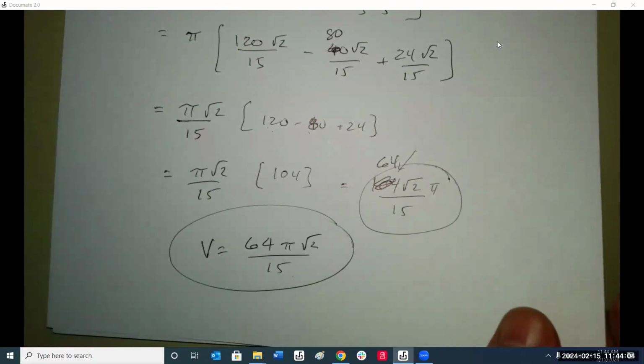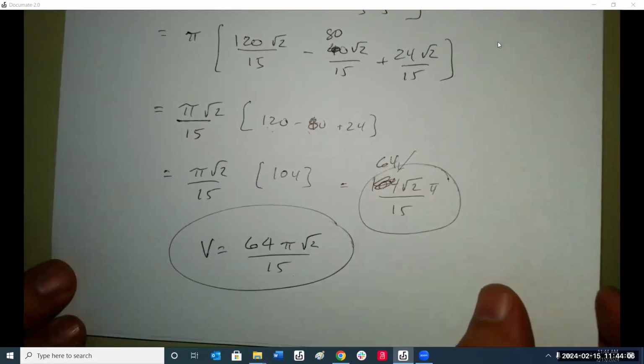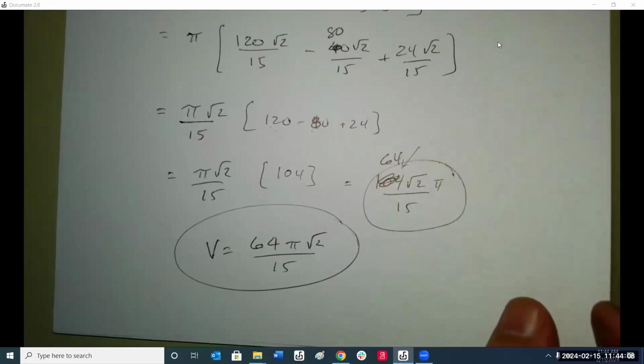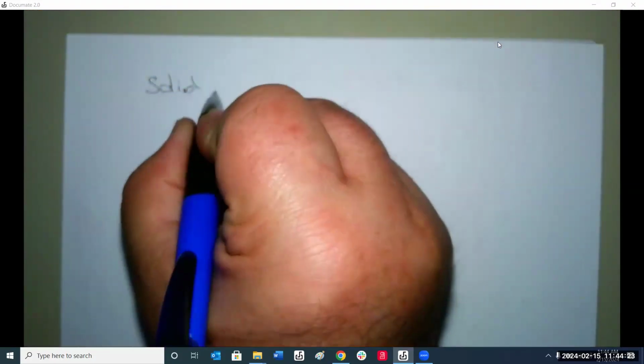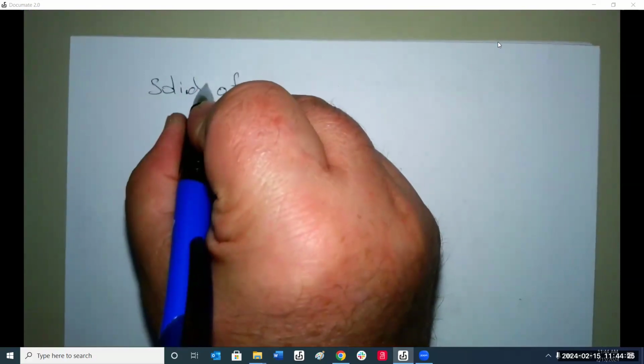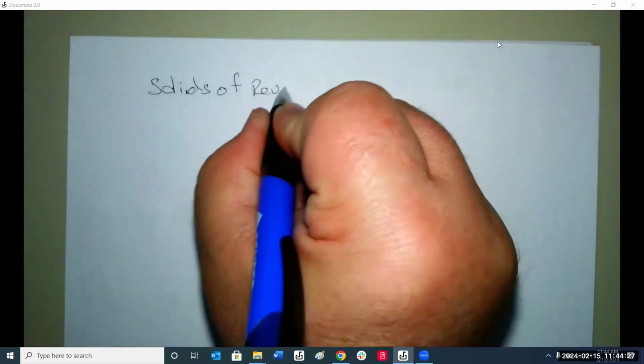Okay, so that was the disk method. Let's do some examples now with the washer method. The third section, the solids of revolution.